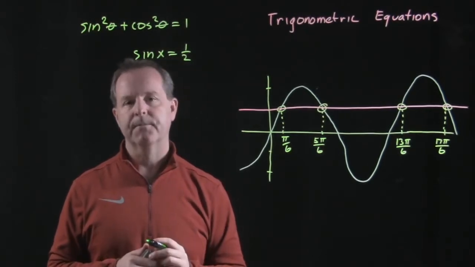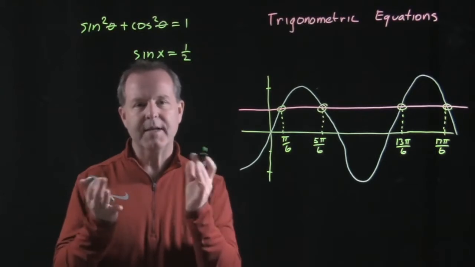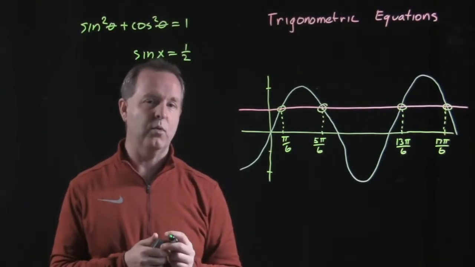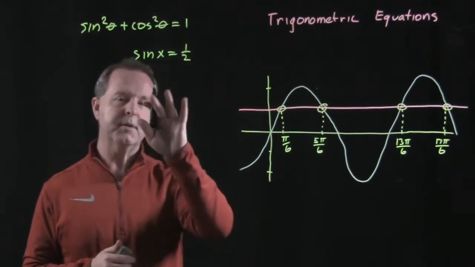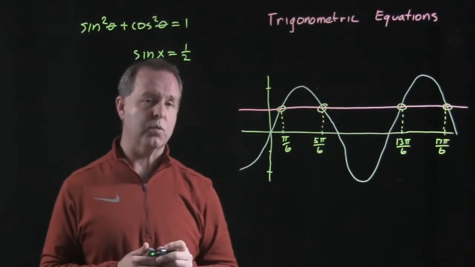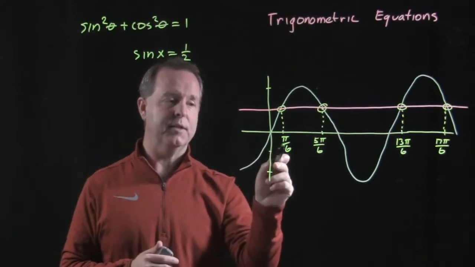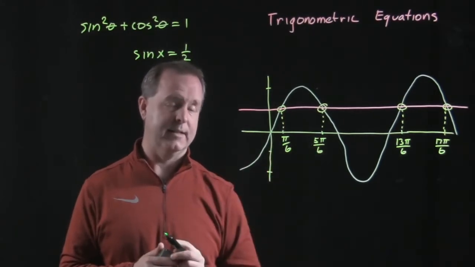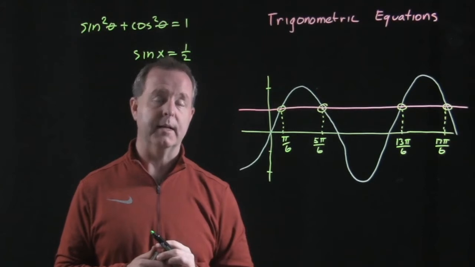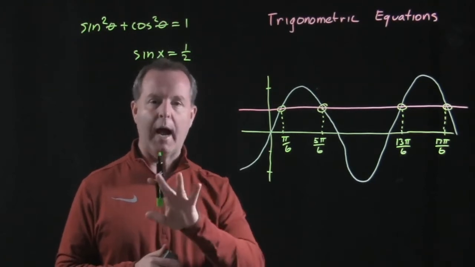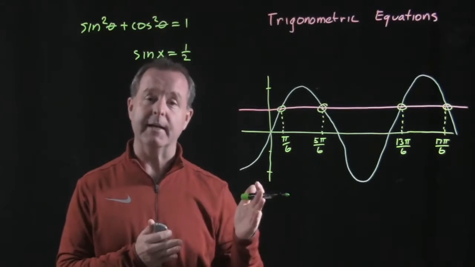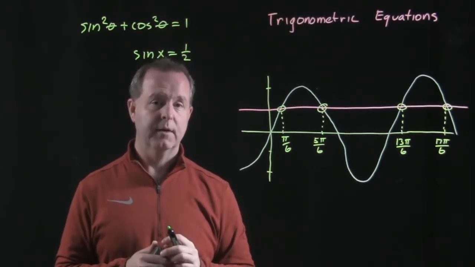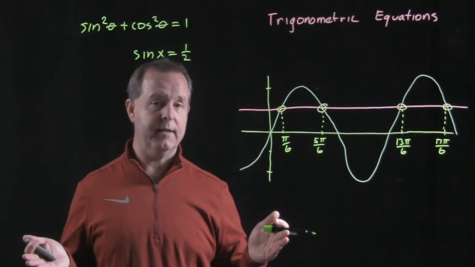So what should we do? How do we start to wrestle with this type of idea, and how do we communicate to others what the solutions are? Well, in this particular one, sine x equals 1/2, I see that I have solutions here at pi sixth and 5 pi sixth. I have some other solutions I'm going to get to in a few moments. First of all, let's understand what the typical period of the sine curve is.